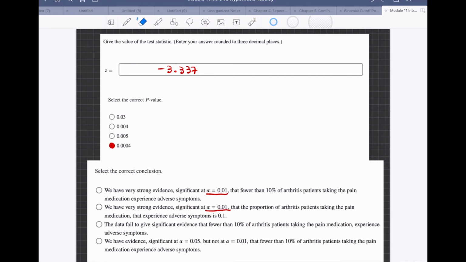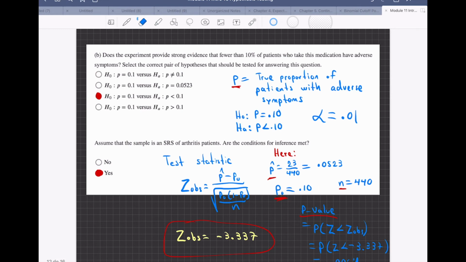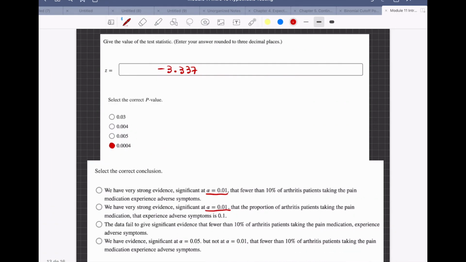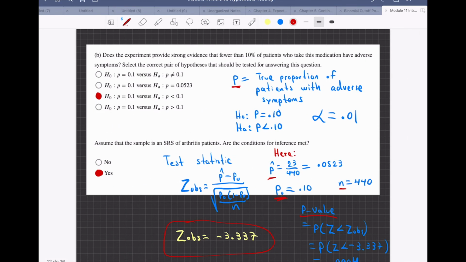So is the p-value less than 0.01? 0.0004, yes, the p-value is less than 0.01. So we write here, since p-value equal to 0.0004 is less than alpha equal to 0.01, we reject H null. So the evidence goes in favor of the alternative that is less than 0.10.